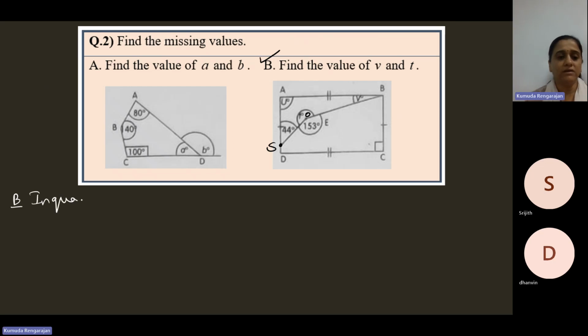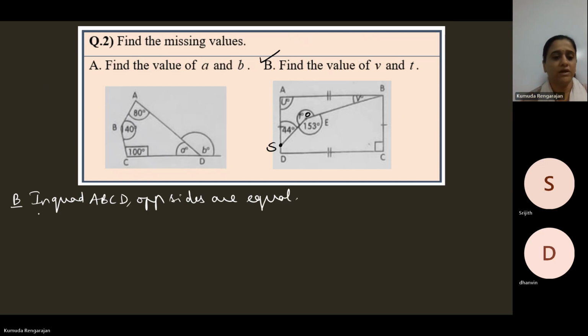Now, in quadrilateral ABCD, opposite sides are equal, right? Opposite sides are equal. Therefore, ABCD is a parallelogram. Is that correct? Yes. Okay.